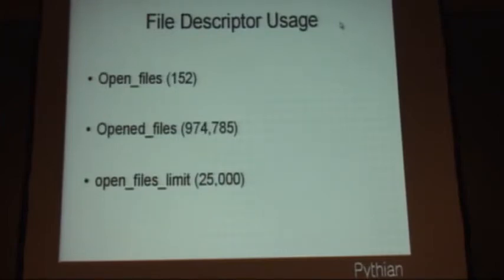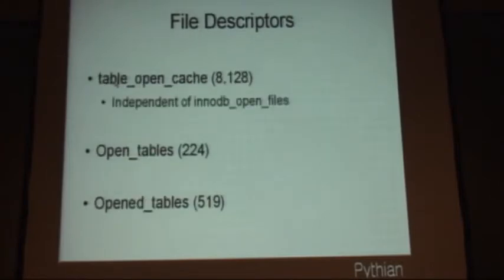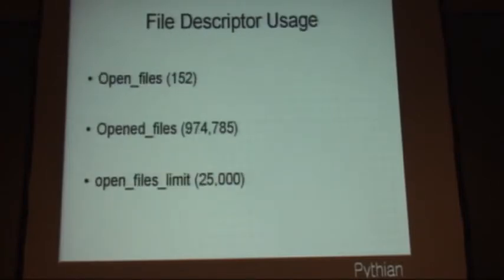Even if you set your table open cache higher, because that's the file descriptor limit in Linux by default for non-root users. So file descriptor usage, you have open files and opened files, and then there's open files limit. The first two are status variables. The last one is a system variable, but the system variable can be set.